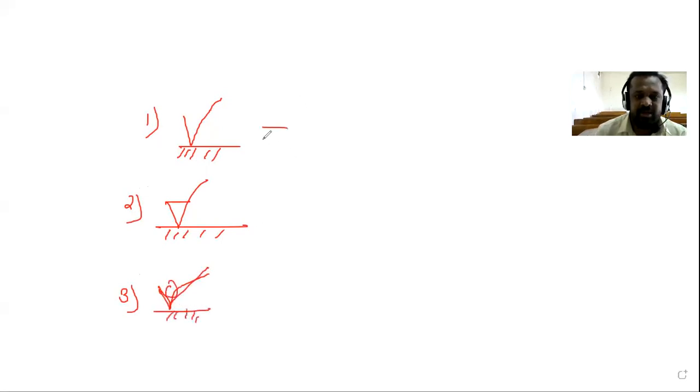Second, it will be if it is closed up. And third, it will be like this, if there is the circle. Please tell me the meaning of that. What is the meaning of this? What is this symbol indicating?